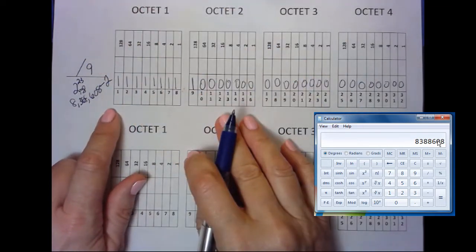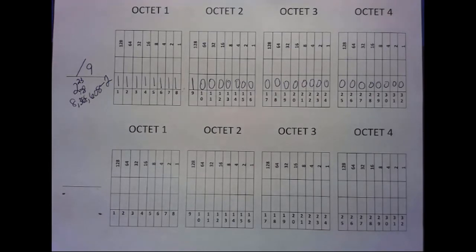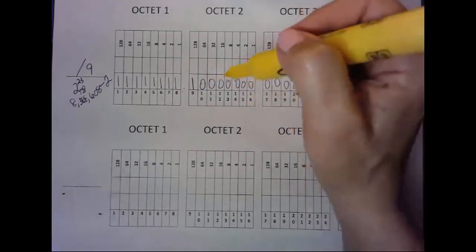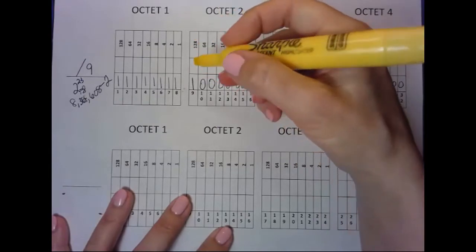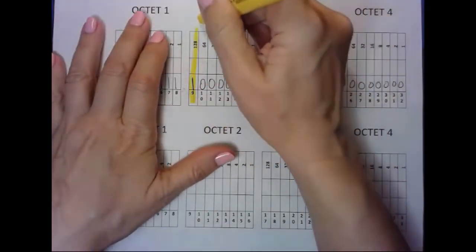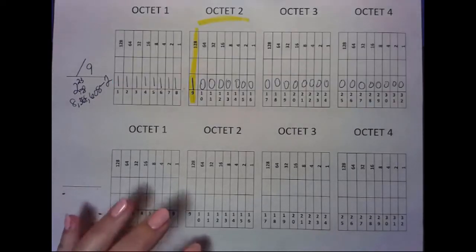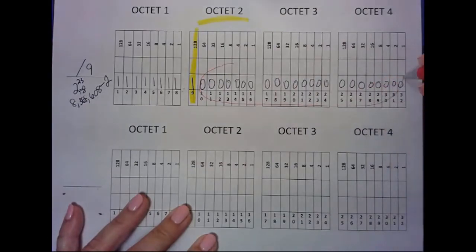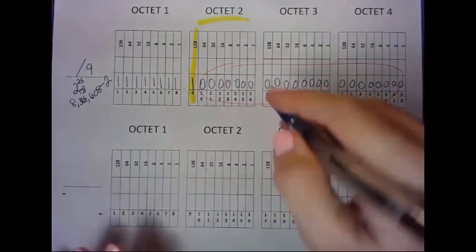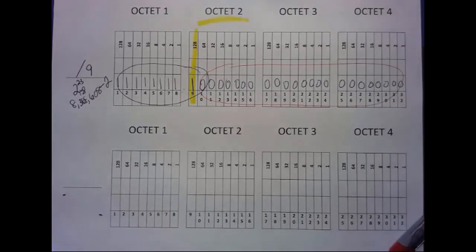So it's a lot. But what is the magic number? My magic number, or my subnetwork increment, is going to be 128 in the second octet. Host bits, giant network bits. Let's do another one.